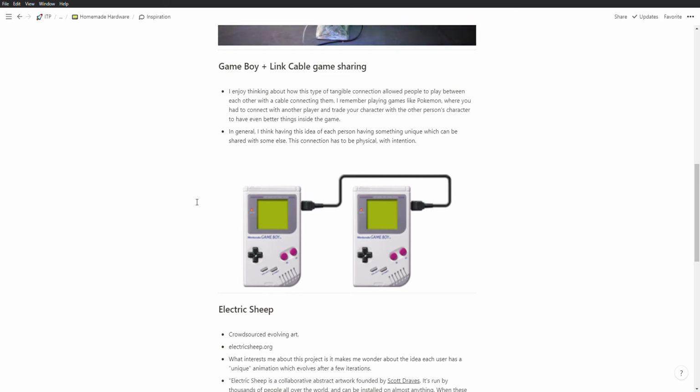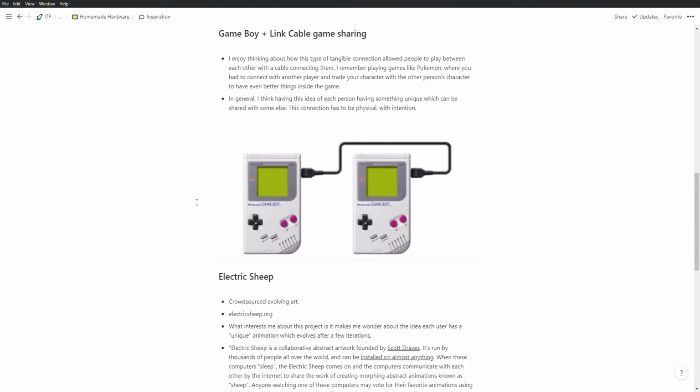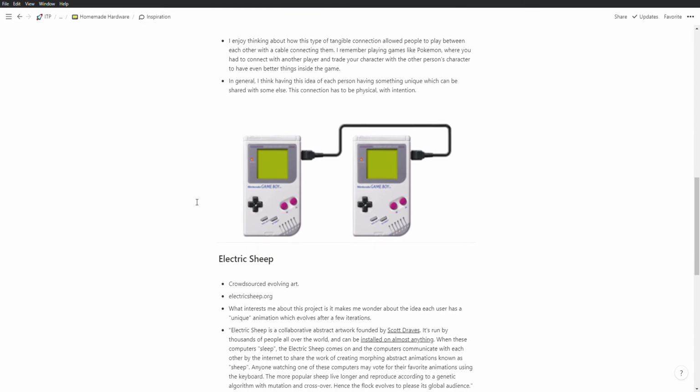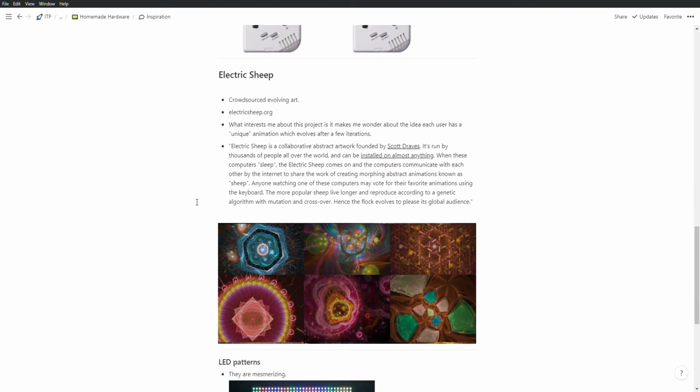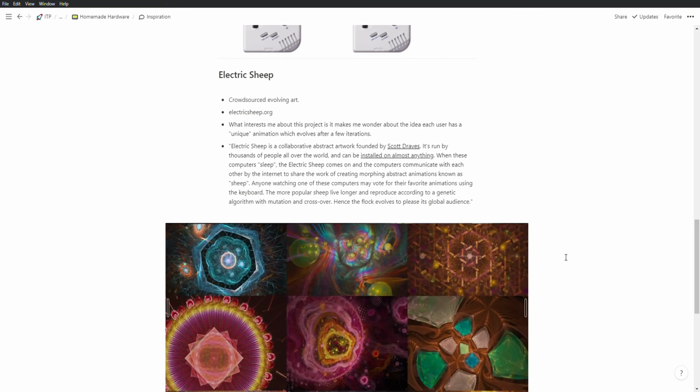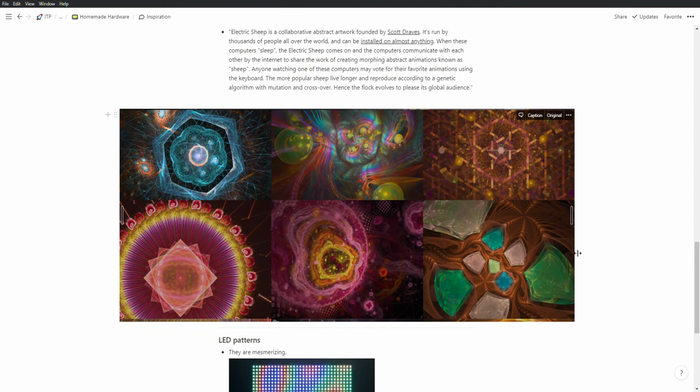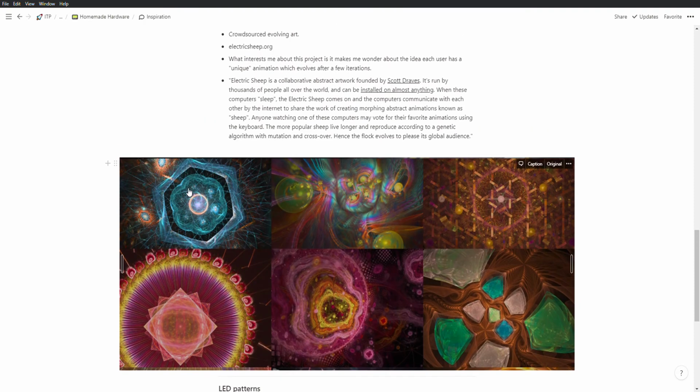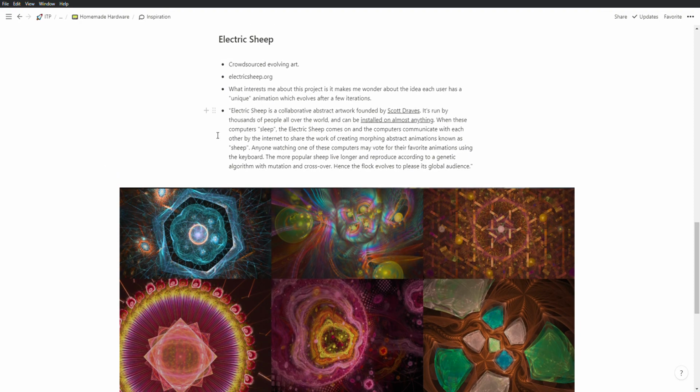In terms of the animation, I remember there was this project called Electric Sheep. Electric Sheep is like a screensaver with geometric patterns. The cool thing about it is you put a like or a dislike, and it gets new patterns during the day, so it keeps evolving.